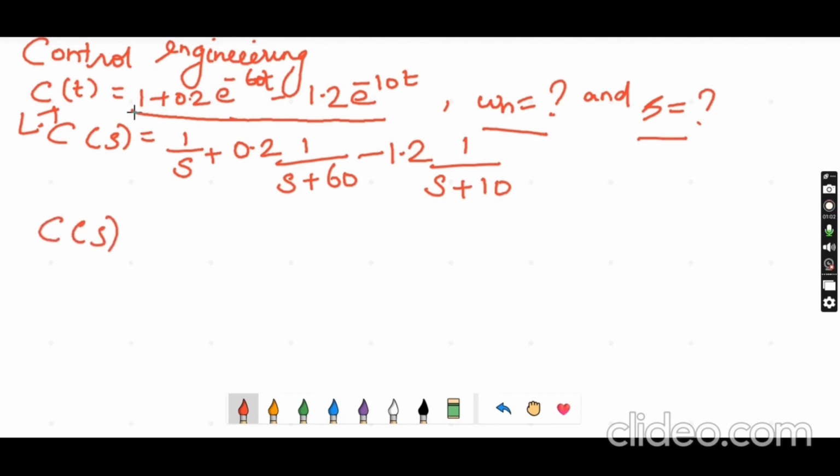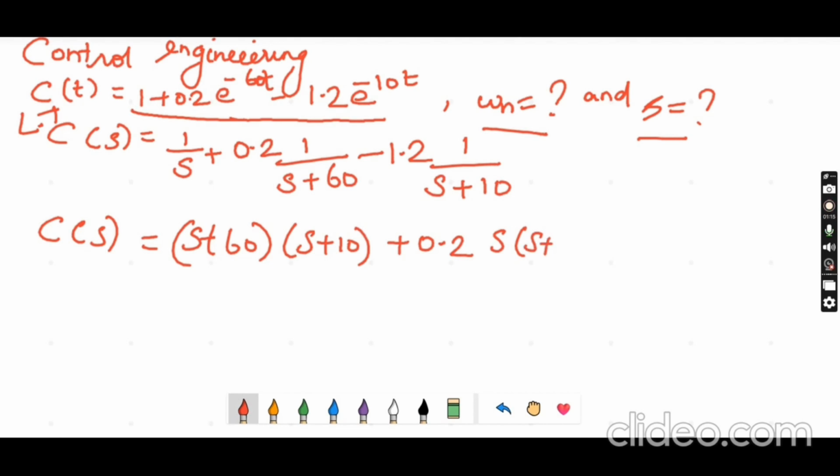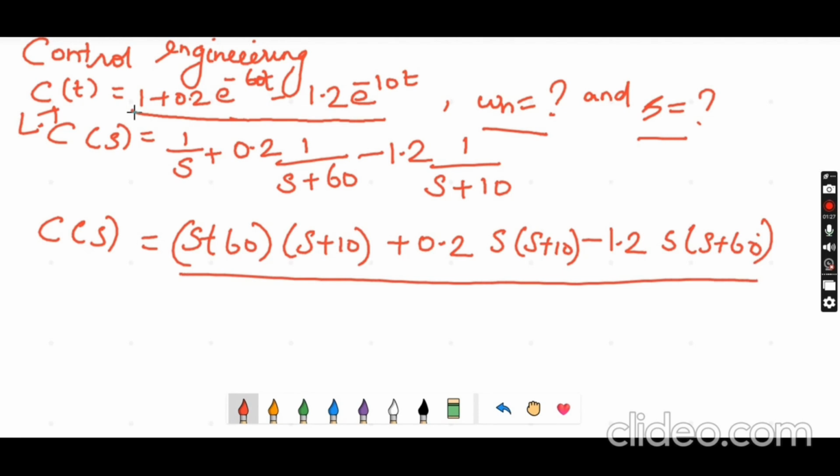Upon taking LCM and solving, we will get S plus 60 multiplied by S plus 10 plus 0.2 S into S plus 10 minus 1.2 S into S plus 60, the whole divided by S into S plus 60 into S plus 10.